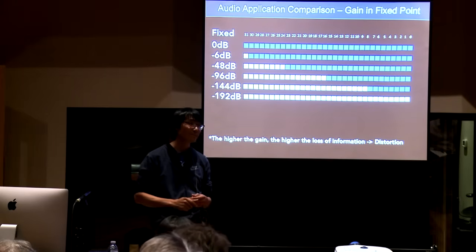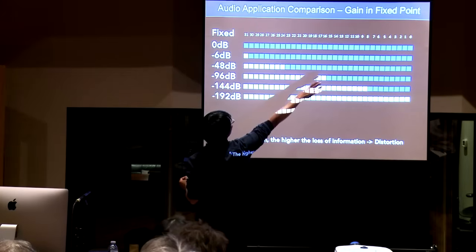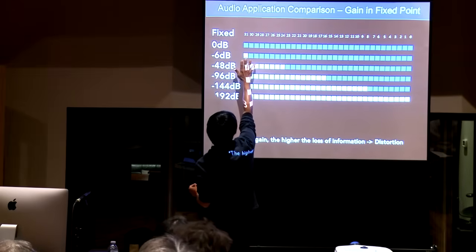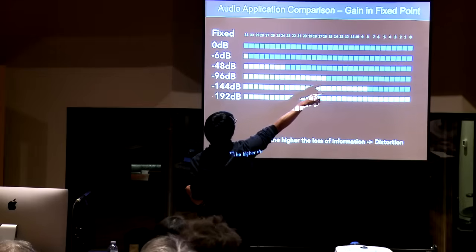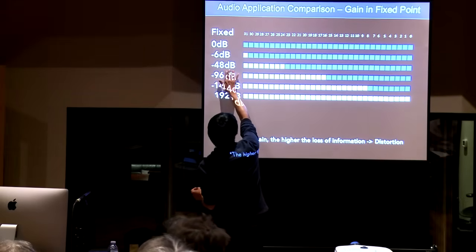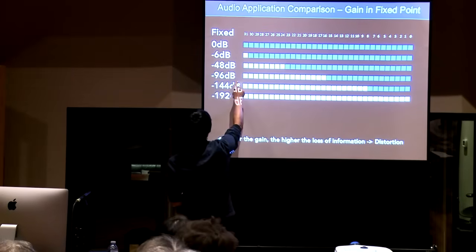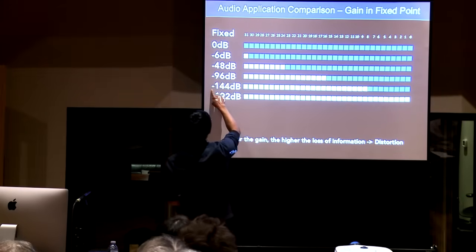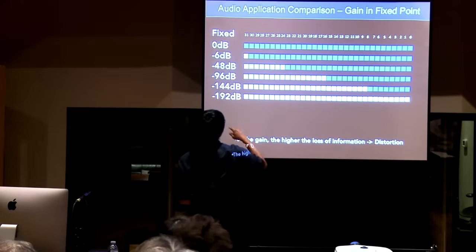So this is to show you, let's say you've got a fixed point signal, full range, minus 6 dB, you lose 1 bit. It becomes 31. I don't count the sign bit here, just do the unsigned, easier. So minus 48 dB, you lose 8 bits. Minus 96 dB, you lose 16 bits. Minus 144 dB, you lose 24 bits.